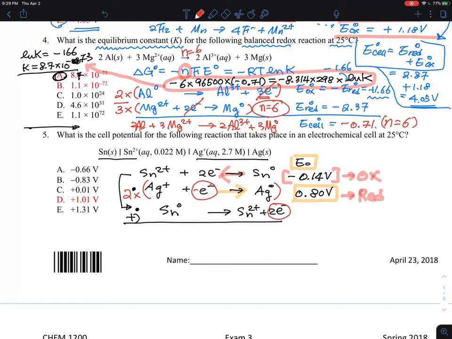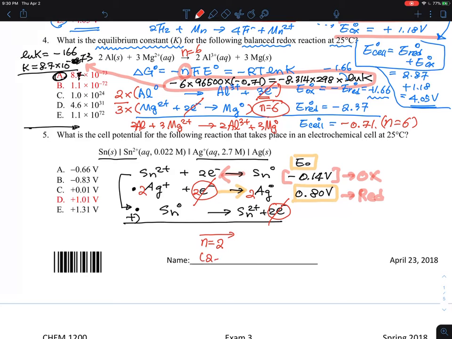Because essentially these electrons have to go away. So I just multiply everything by 2 on this side, so it makes it easier. And then if you add them together, the net reaction, this is gone, but that means that N is 2 here.